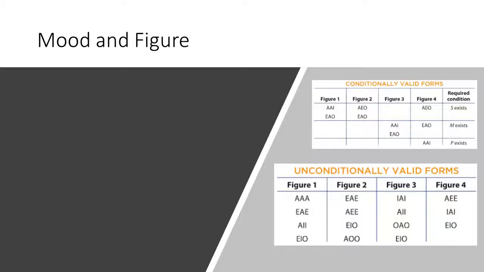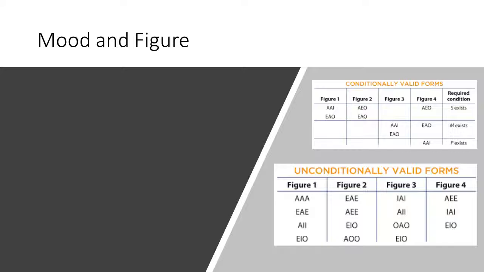What gets tricky is that we have these forms that are what we'll call conditionally valid, and their validity is conditional on some conditions being met, like figure 1, AAI1. Simply knowing that an argument is of that form doesn't tell us whether it's valid or invalid. Oddly, given how we've been thinking about validity, we have to know something about the world: are there any S's in this case?